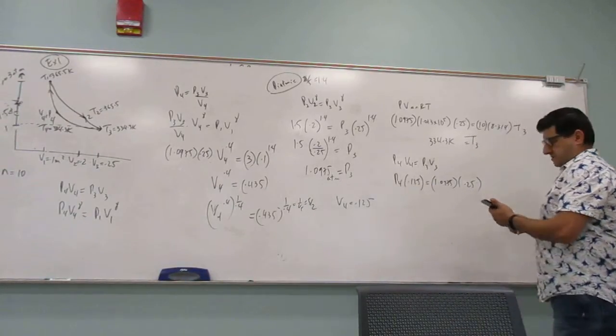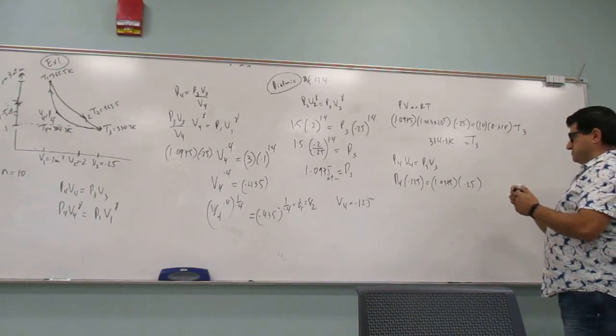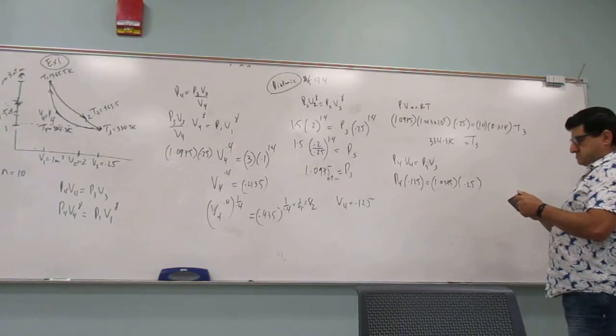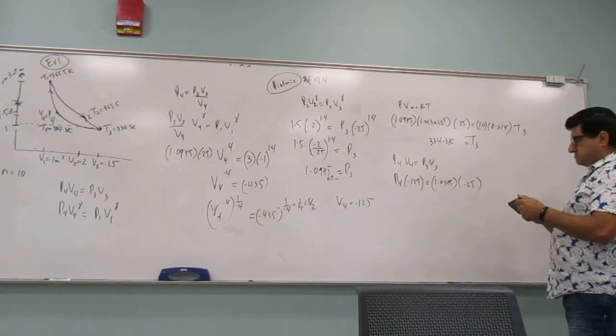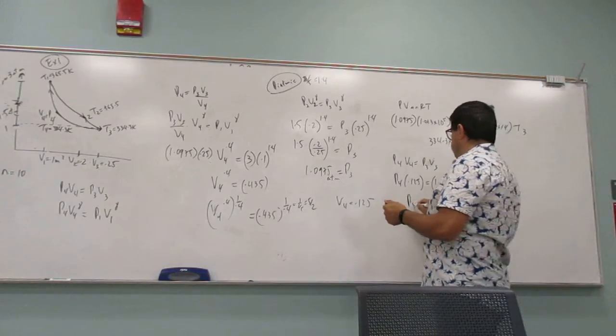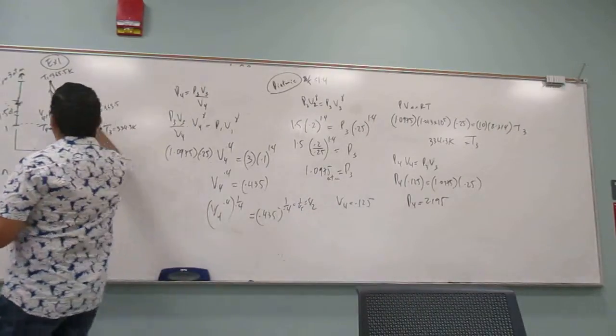Okay, I think that's it. So now T4 is 2.195, and you just put that into the graph.